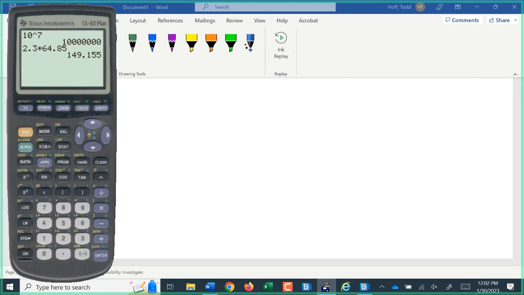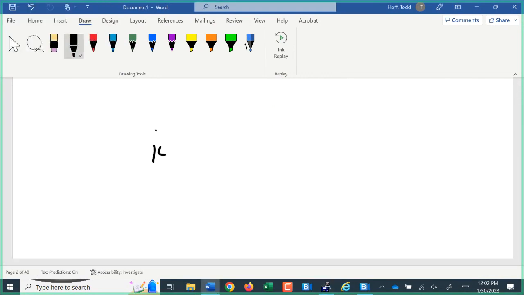So let's do 149.155. Actually, let's do this. 149.1596 divided by 2.3. We're going to come back and do this the traditional way in just a second.